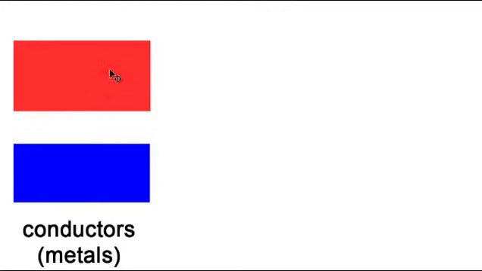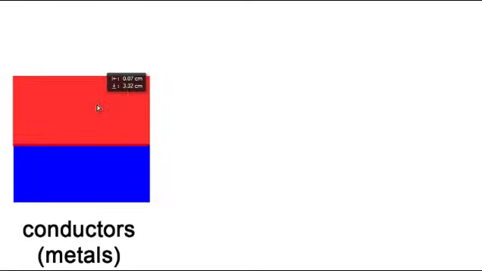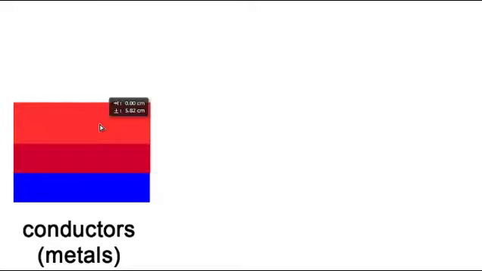For conductors, we have the valence band, which is identified by the blue image, and the conduction band identified by the red image. So in conductors, for example metals, the valence band and the conduction band overlap.